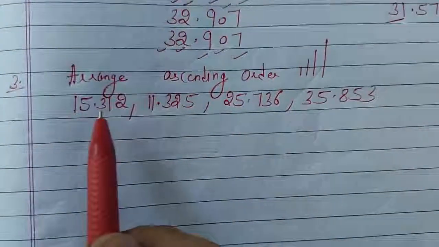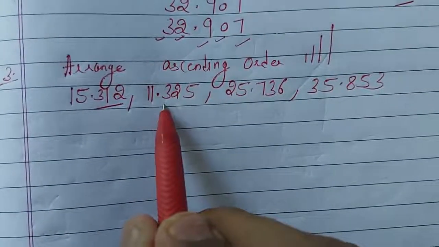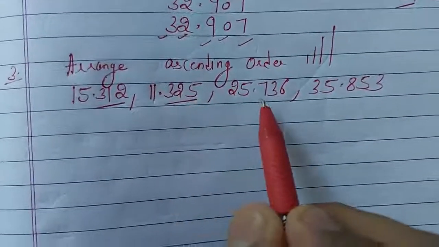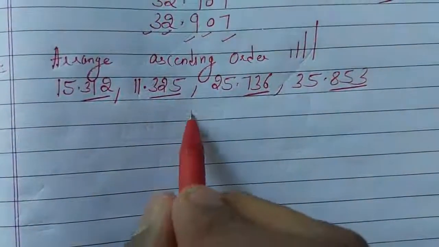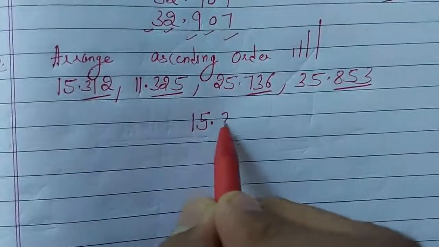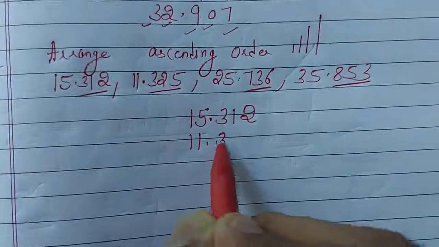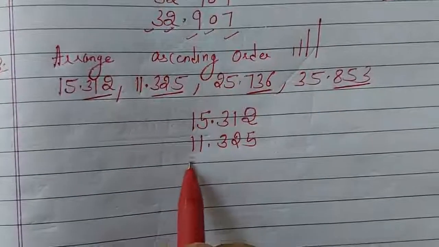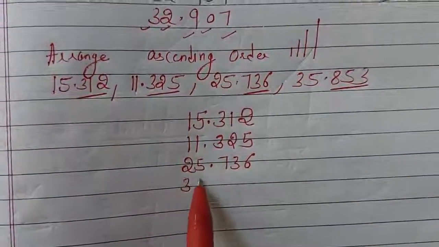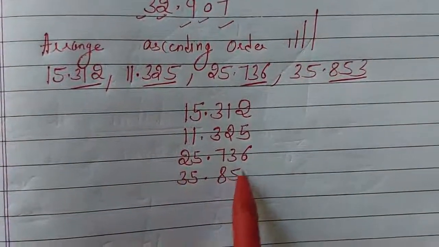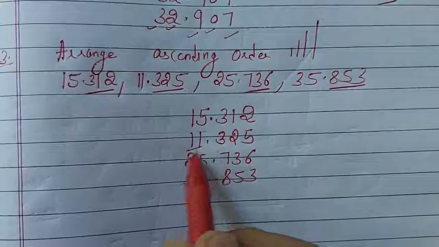First check whether they are like or unlike. 3 digits after the decimal, 3 digits after the decimal, 3 digits after the decimal, and 3 digits after the decimal. 15.312, 11.325, 25.736, 35.853. So they are like decimals. So which is smaller? 11 is smaller.